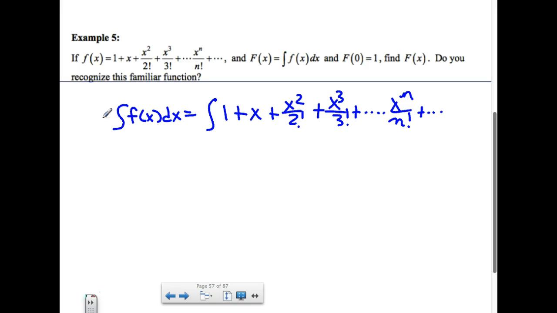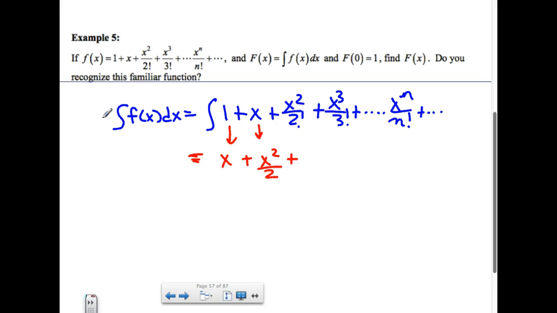Anyway, when we integrate this term by term, take a look at what happens here. Antiderivative of 1. If you get it wrong, you're voted off the island. Thank you. Antiderivative of x: x squared over 2.